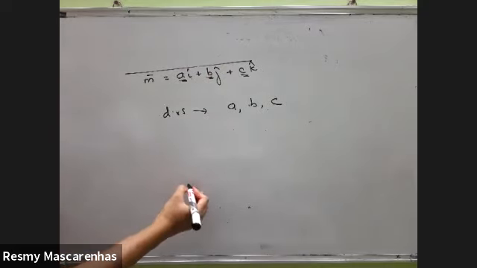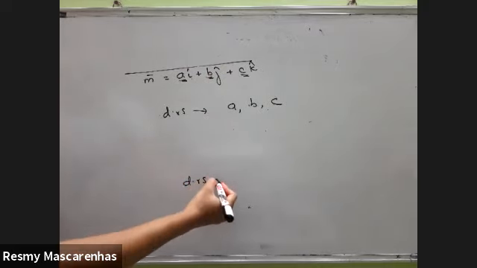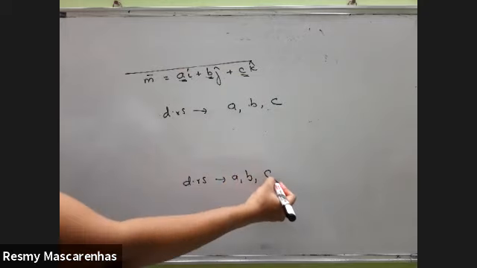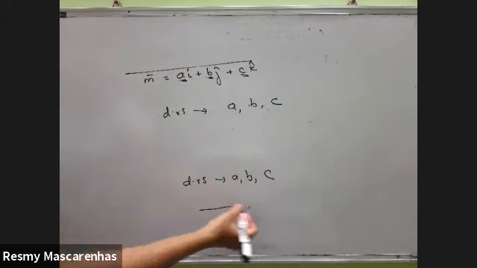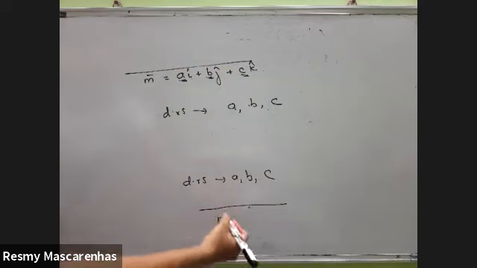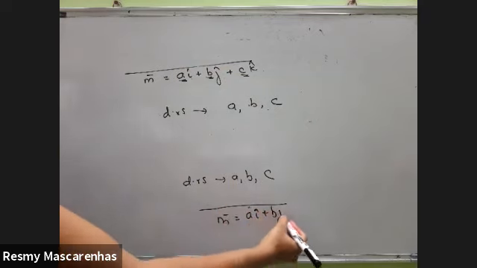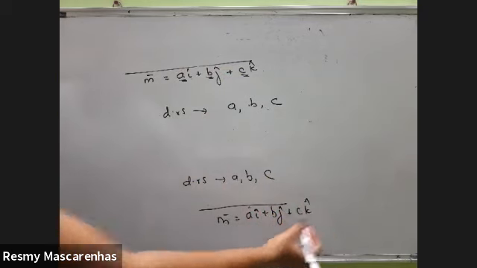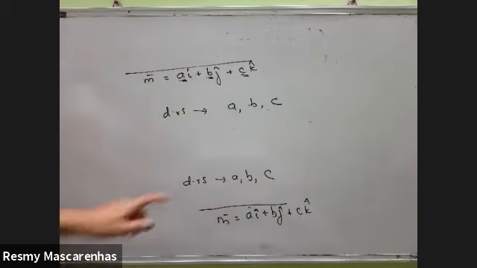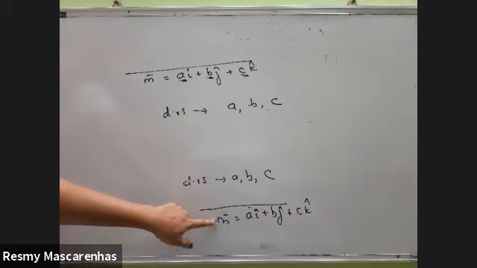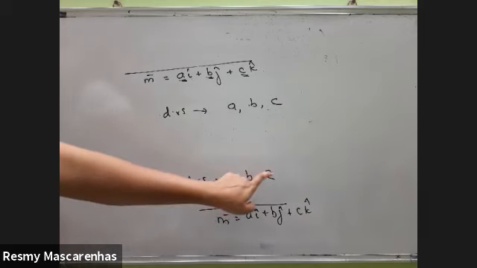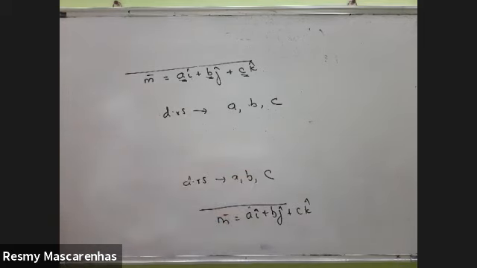Suppose they give you direction ratios a, b, c, and ask you to find the vector of that line. You have to convert it by just adding a i cap plus b j cap plus c k cap. Given direction ratios, if you want to find a vector, just add i, j, k to it. So we'll get it in the vector form.